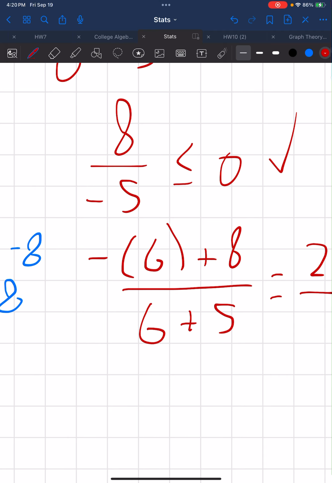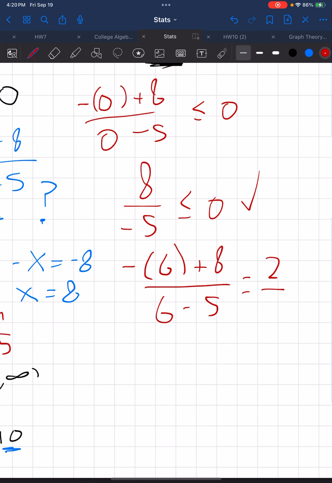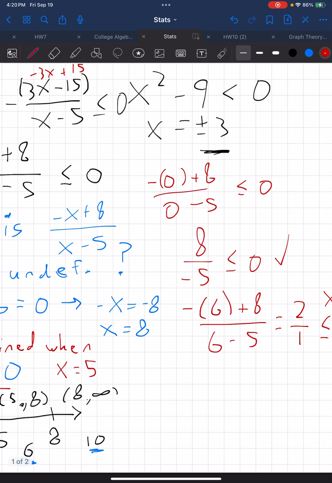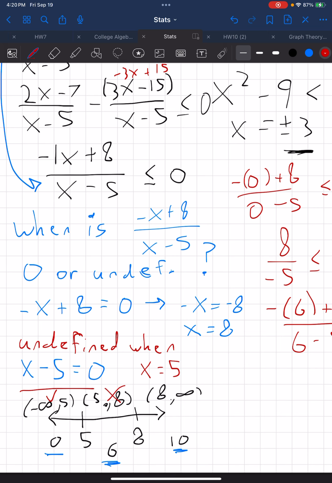It's minus 5. -6 plus 8 gives me +2 on top, and 6 minus 5 equals 1. And so the question is, is 2 less than or equal to 0? No, it's not. So this interval is not in my answer.